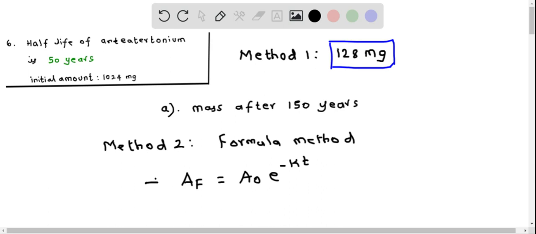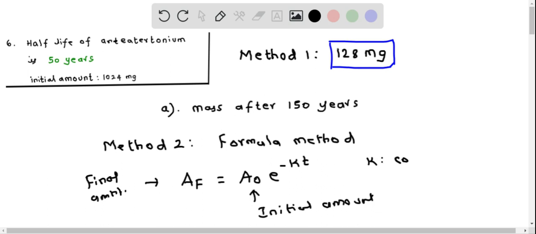Here A_f represents the final amount of the substance, and A naught represents the initial amount, and k is the constant to be found, and t represents the time in corresponding time units. It could be years, minutes, or seconds. Here it is in years.